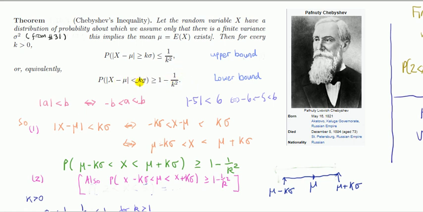Suppose we pick k is 2, then we just calculate 1 minus that. A lot of people do this on YouTube, it's a boring calculation, but you get a number for that. And all this says is that, without knowing even the values of mu and sigma, the probability that x is within 2 standard deviations of the mean is at least this number.